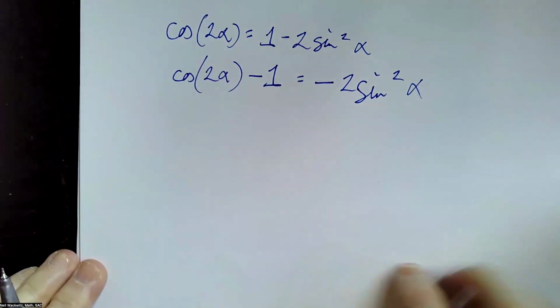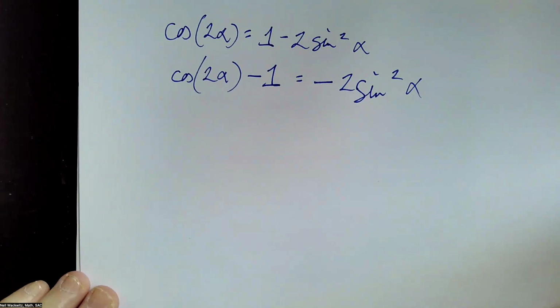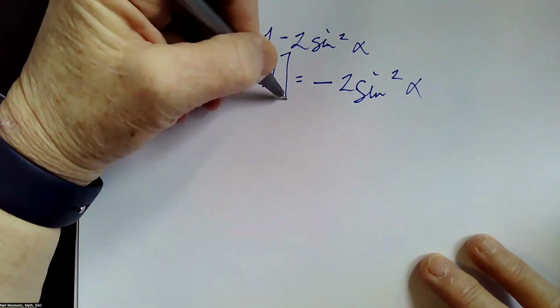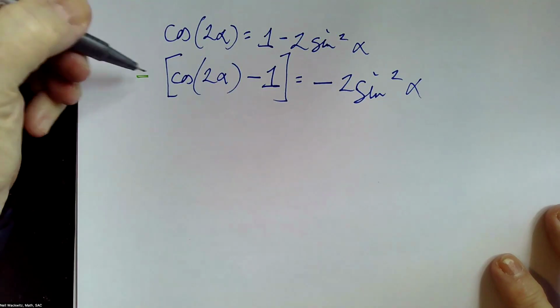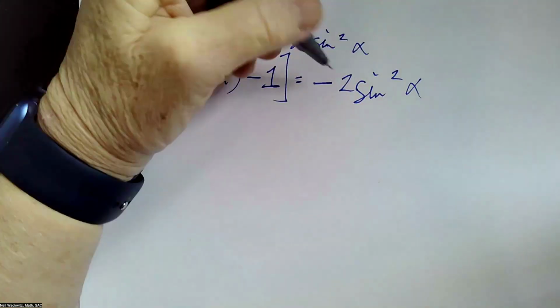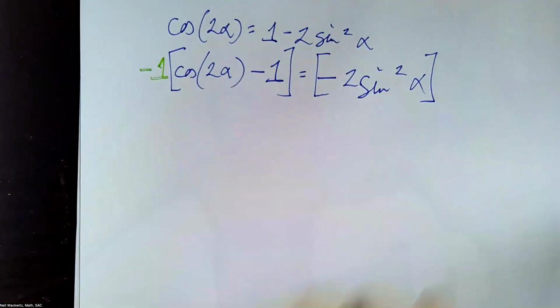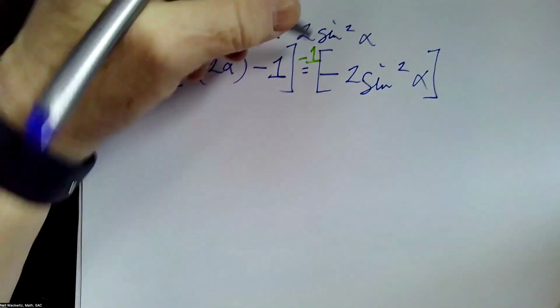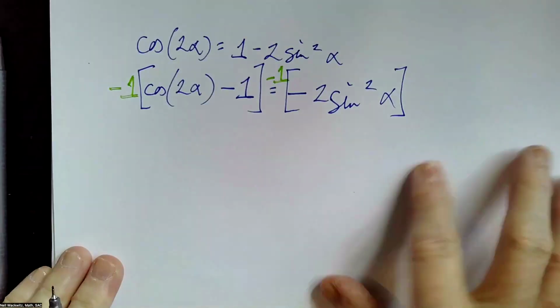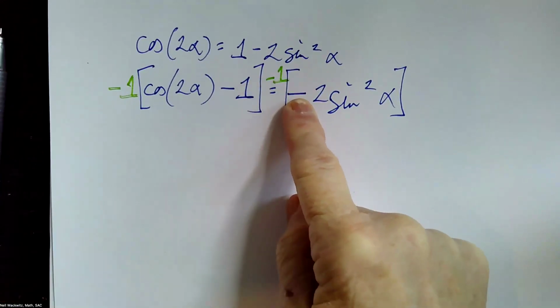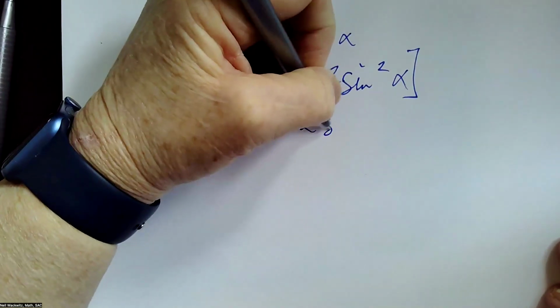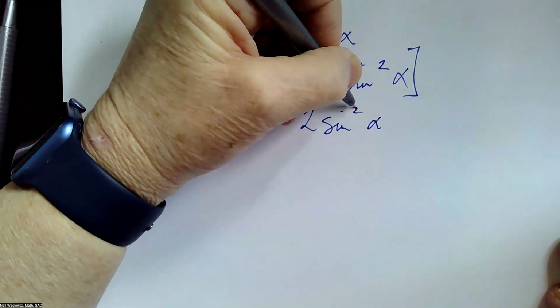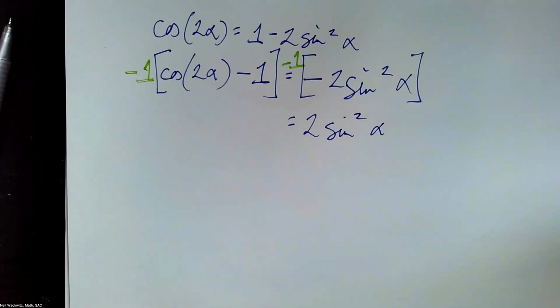I'm going to multiply both sides by a -1 to try to clean up these signs. So let's look at the right side first. A negative times a negative is positive. So on the right side now we have a positive 2 sine squared alpha.